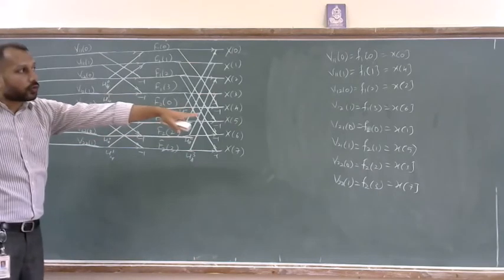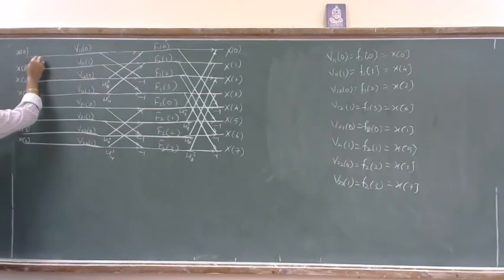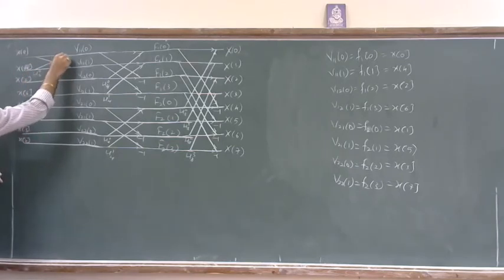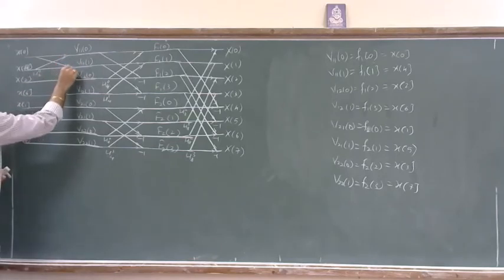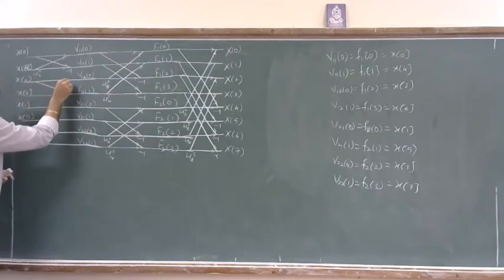According to the 2-point DFT equations that we had written earlier, the connections will be like this. B11 of 0 will be obtained by adding x of 0 and x of 4, where W20 is multiplied at this point. And B11 of 1 will be obtained by subtracting x of 4 from x of 0, where x of 4 will be multiplied by this twiddle factor. And this is the same for the remaining values.